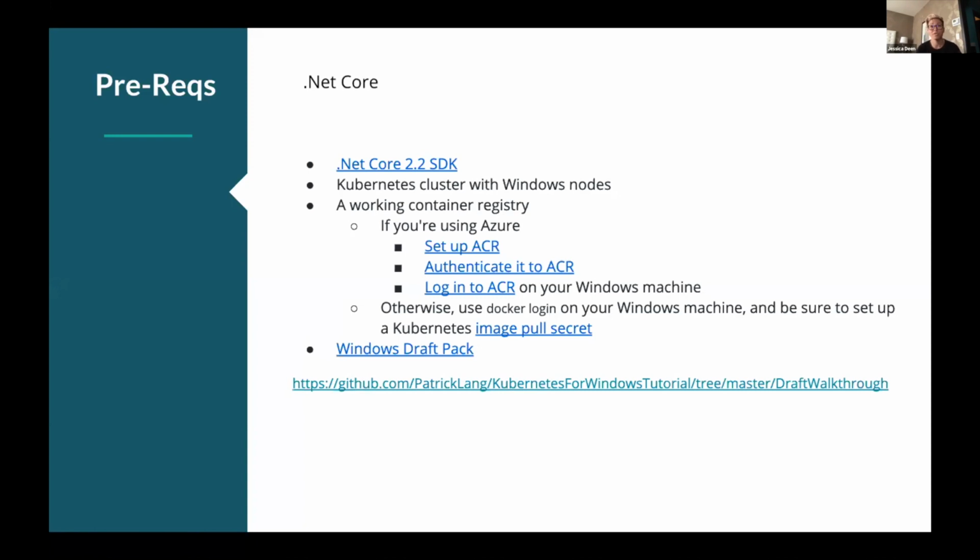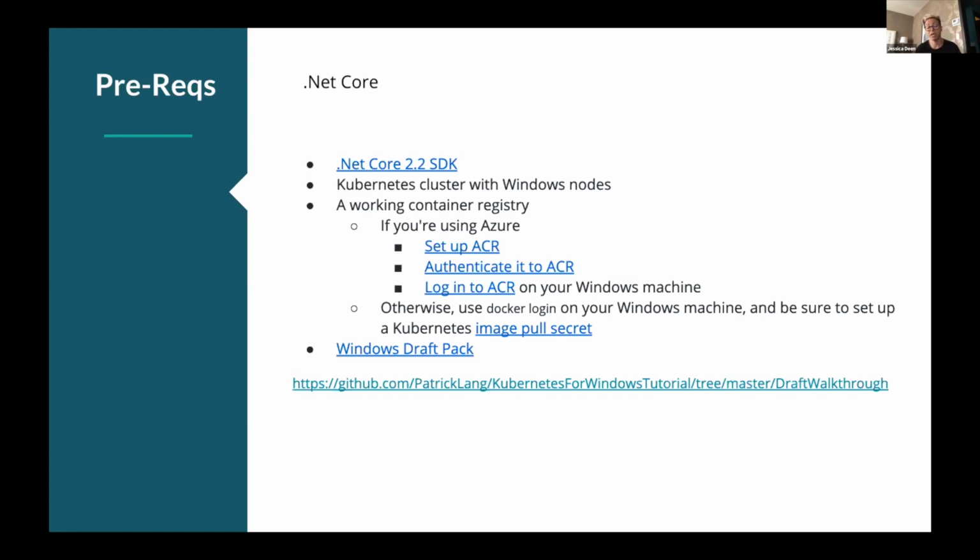If you are using Azure, and this is specific to make sure that your AKS cluster can connect to that Azure Container Registry, you will set up your Azure Container Registry, and then you have to authenticate your cluster to ACR. You can do that by creating a profile that essentially is going to say this cluster has access to this container registry.